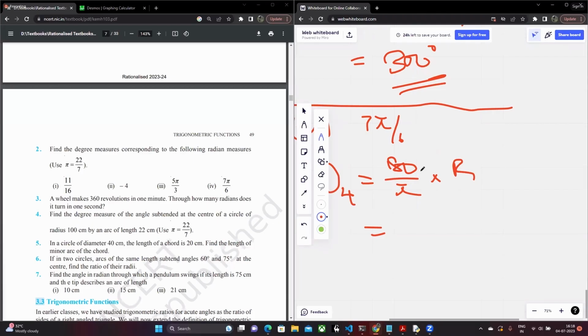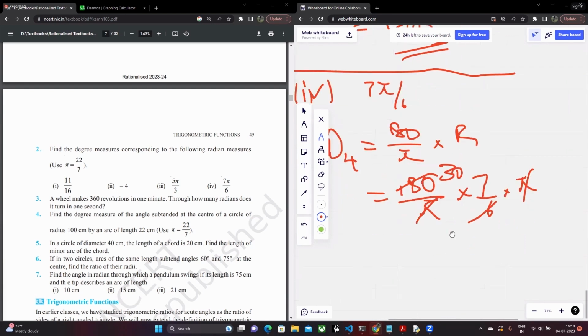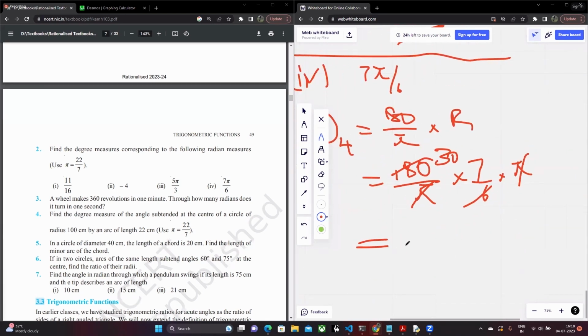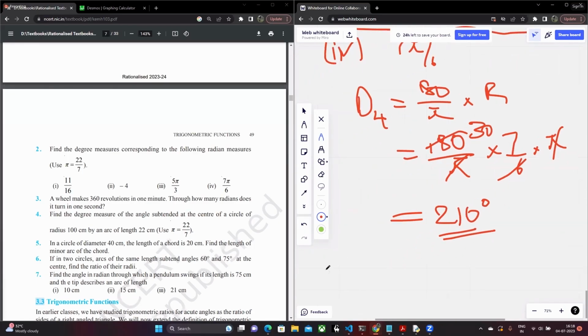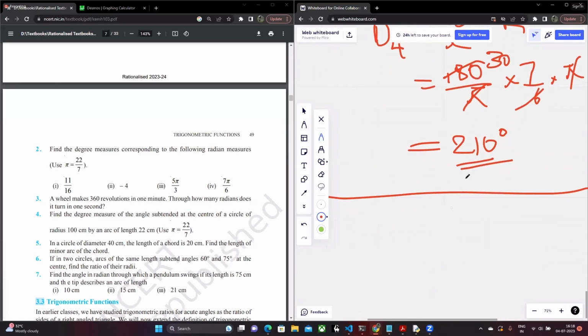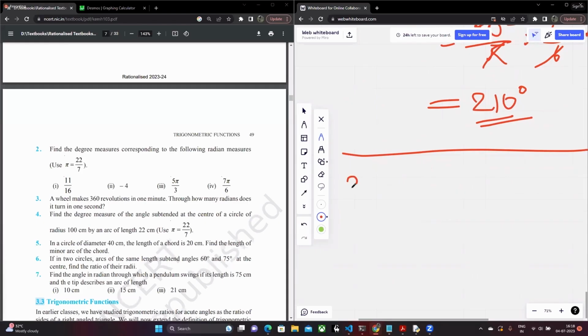Right? And so this is going to be 180 divided by pi into 7 by 6 into pi. Pi and pi cancel out. 6, this goes with 30. And so you have D4 as 210 degrees, right? Because 30 into 7 is 210. Right? And that completes the second question. Right? Third question. More like a word problem to make you think.